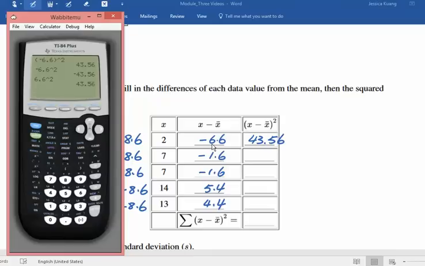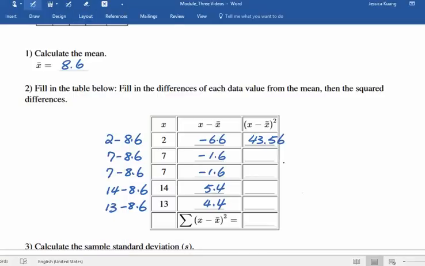So this means negative 6.6 times negative 6.6. Negative times negative is positive, and that's why there is no difference between these two expressions. If I finish this calculation, I will have 2.56, another 2.56, and 29.16.